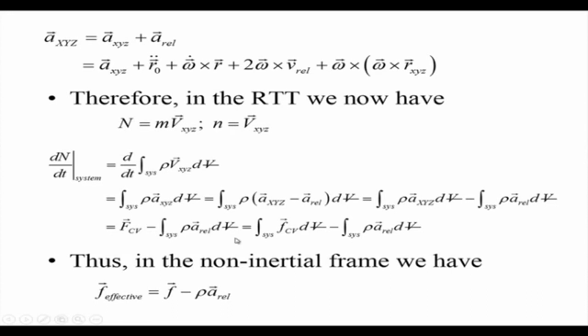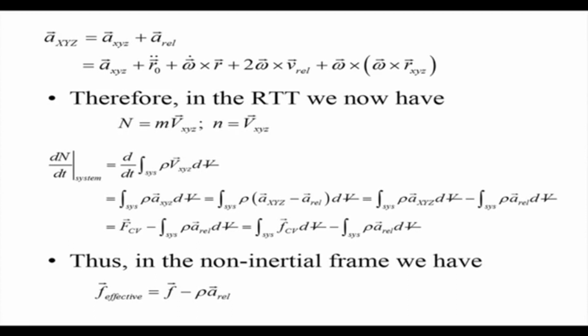Then there is a correction term: force on the control volume minus the integral of rho a relative dv. That means you can use the Navier-Stokes equation where you replace the force by force minus mass into acceleration. This mass into acceleration is the inertia, so minus mass into acceleration is the inertia force or the pseudo force.